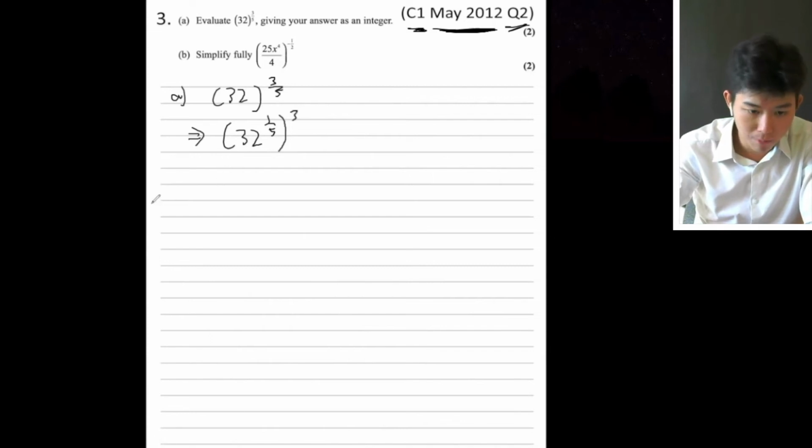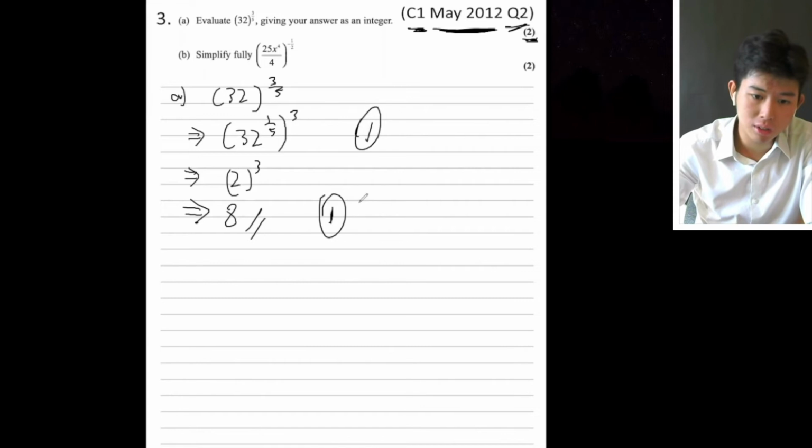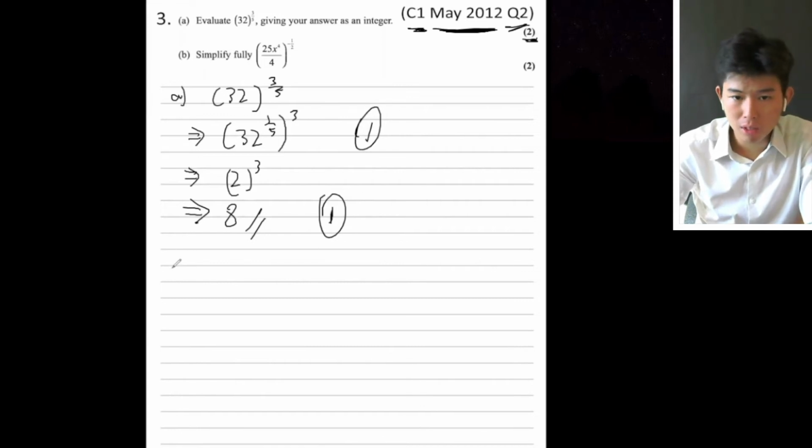Next step would be 32 to the power of 1 over 5 would be 2. 2 to the power of 3 would be 8. And that would be the final answer for part A. It said 2 marks, so I guess 1 mark is for the working step and another mark would be the final correct answer.